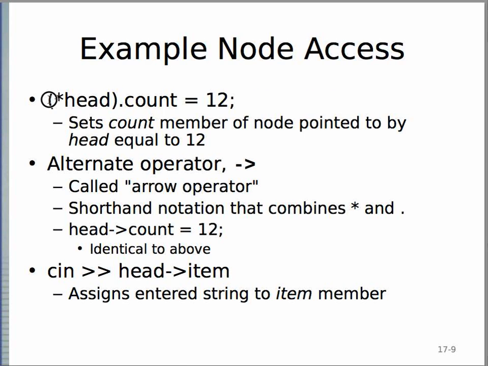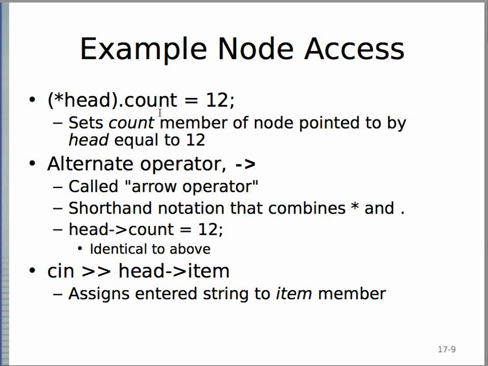That's why you need the parentheses around star head, and then get the count data member of the thing. So the way to read this would be: the thing that head points to, get the count data member. In Java we wouldn't have to have any of these. We would just say head.count. That's nice. But in C++ it's a little bit more low level. You have to worry about pointers.